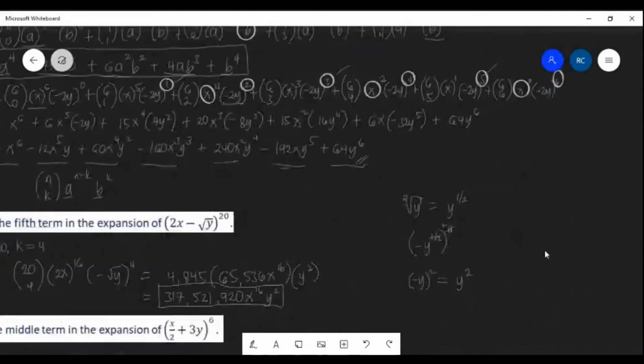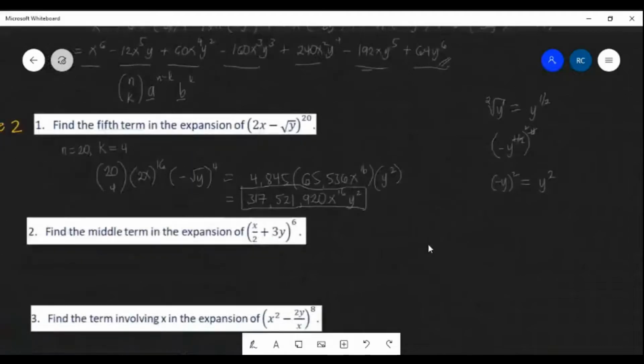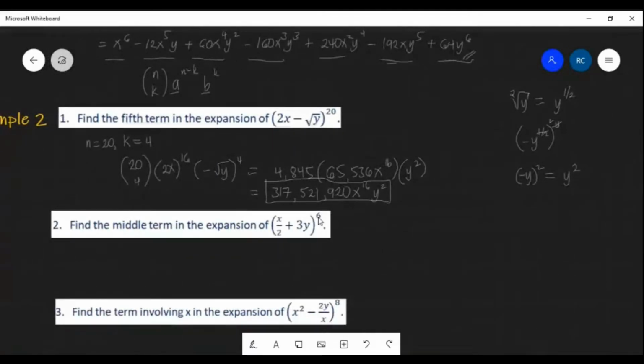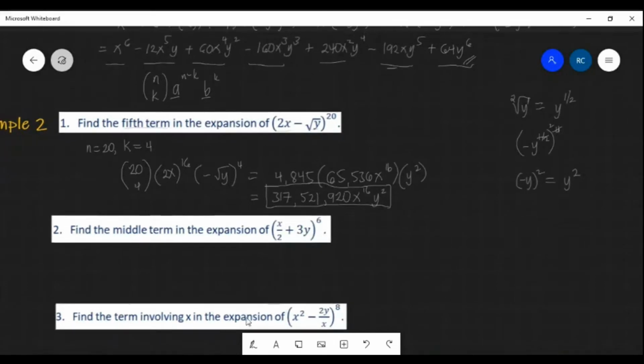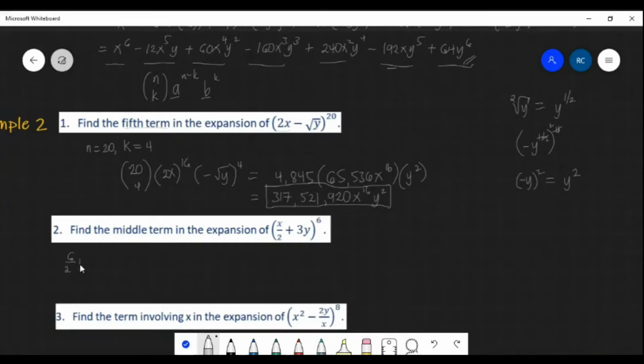Dito sa ating problem, ang ating exponent ay even number. So kapag ganyan, i-divide natin sa 2. So 6 divided by 2 plus 1 lamang at yun na po yung ating middle term. 6 divided by 2, that's 3 plus 1, that is 4. Ibig sabihin, fourth term ang hinahanap, yung middle term.